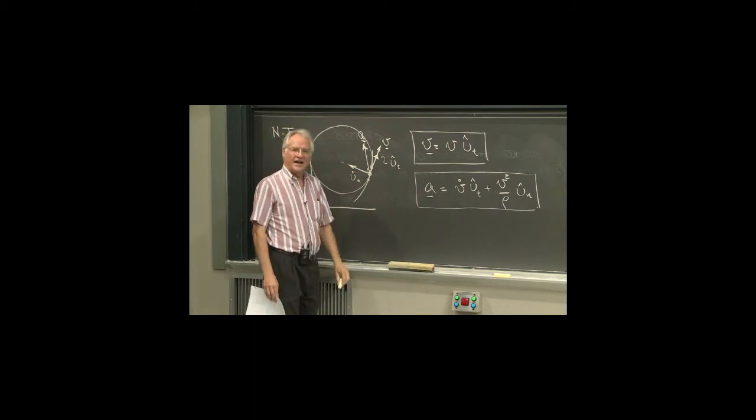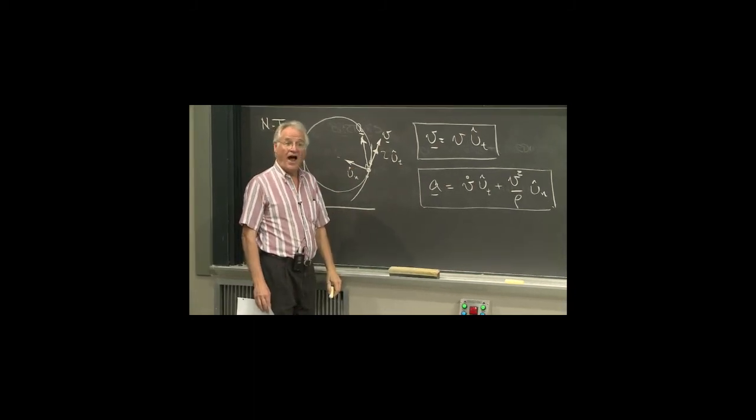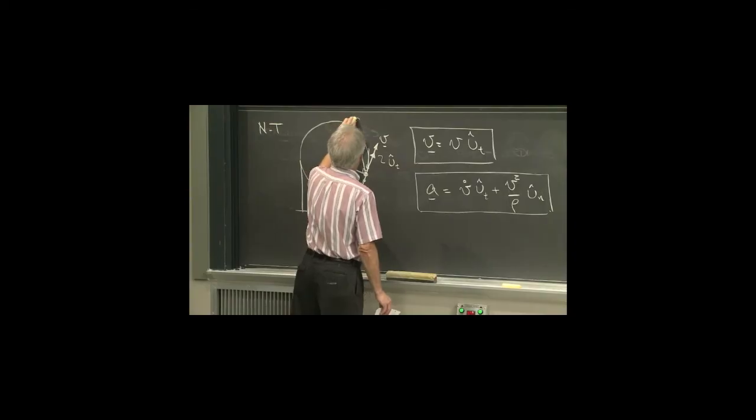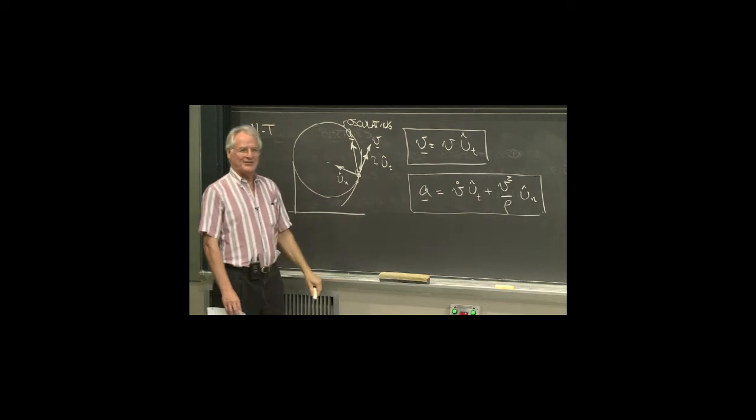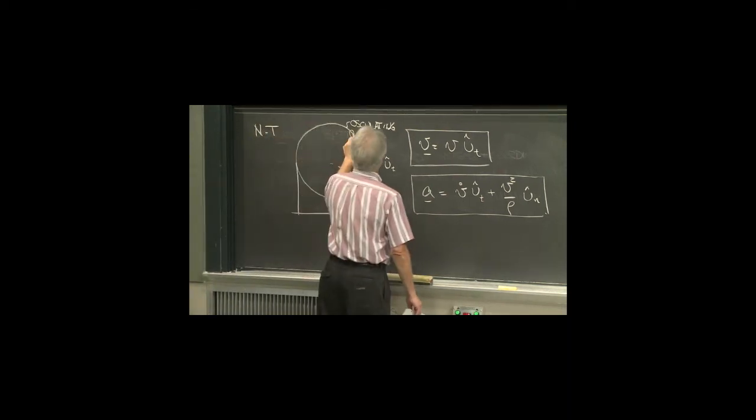It actually has a name. Anybody know what it is? Say again? No, I don't hear it. Anyway, it's not one you'll guess. It's called the osculating circle. All right?